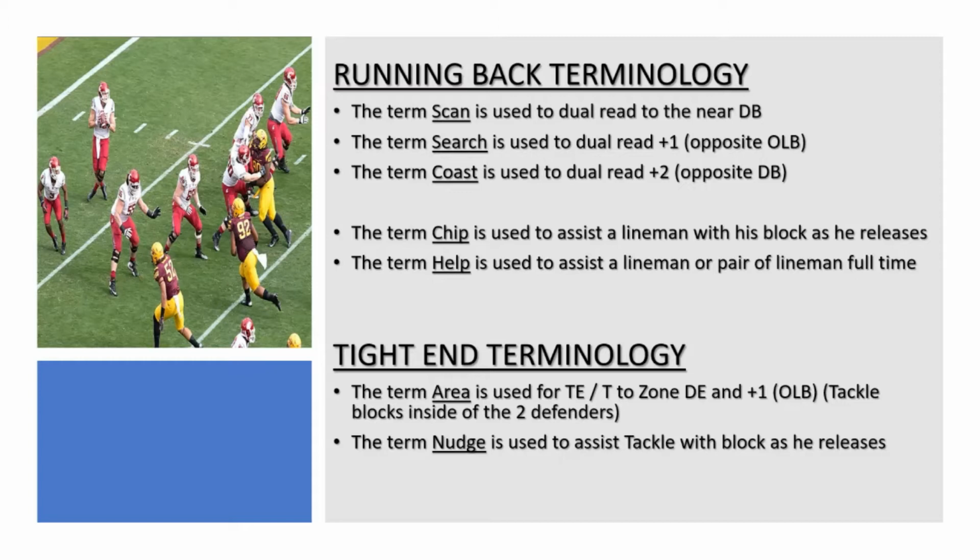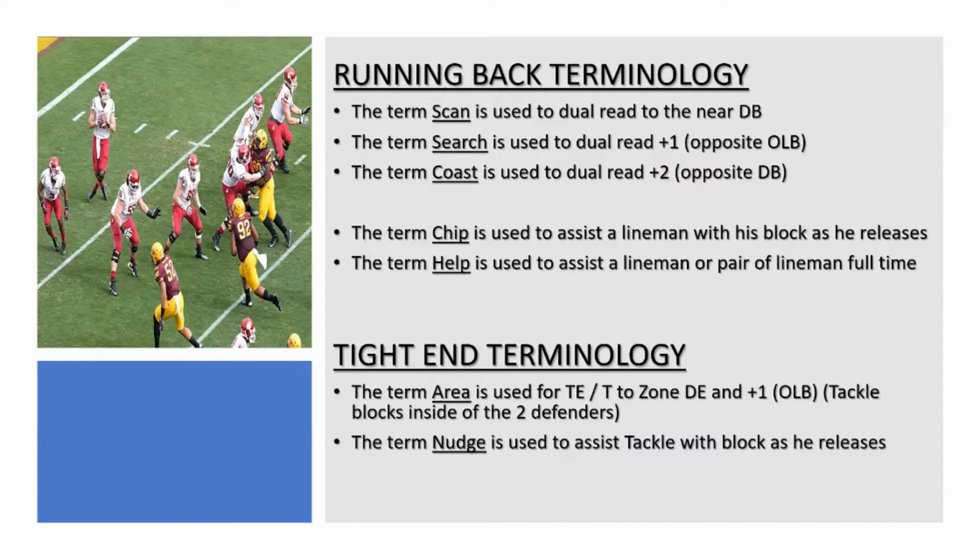It's going to take you from just being on your side of the ball to the opposite side of the ball, and you're going to block a defender. The term coast is going to be used to tell you that you're blocking your responsibility. And after you're done with your responsibility, you need to once again cross the ball, and now you're checking for the defensive back on the opposite side.